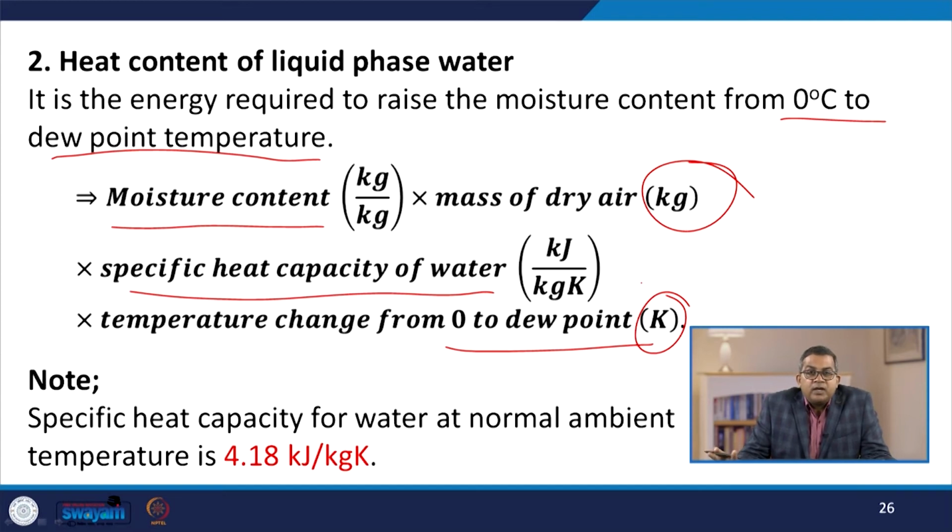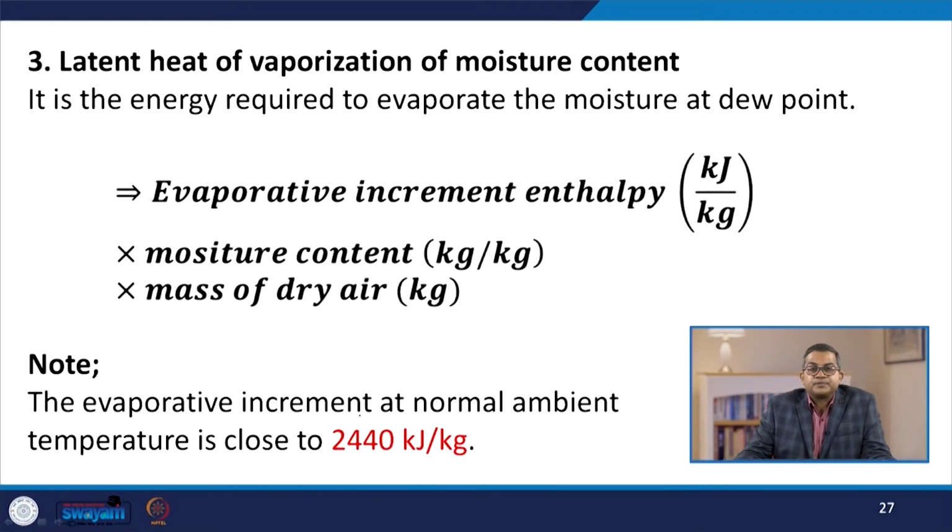The specific heat for water at normal ambient temperature is 4.18 kilojoule per kilogram Kelvin.